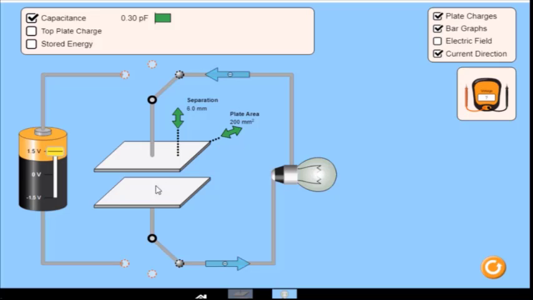The number of the excess electrons or the excess protons on the plate of the capacitor is decreasing throughout the discharging process, and at the end of the discharging process, the voltage and the charge of the capacitor become 0.